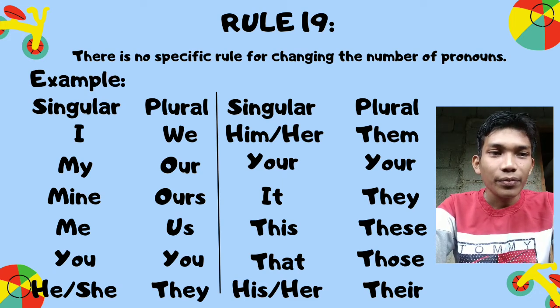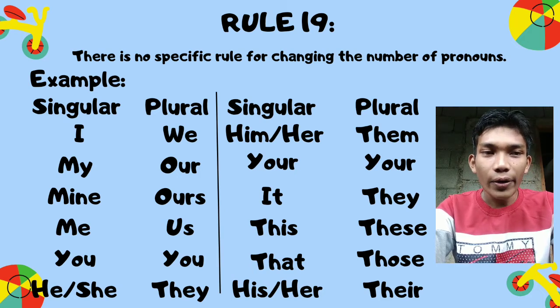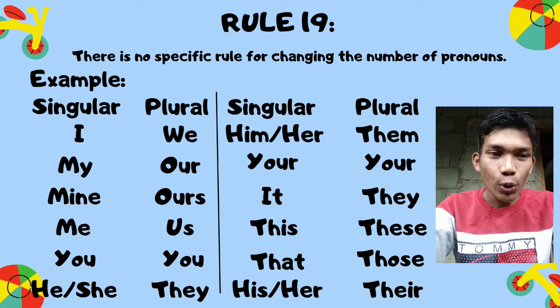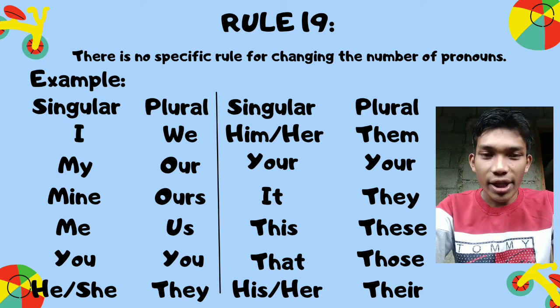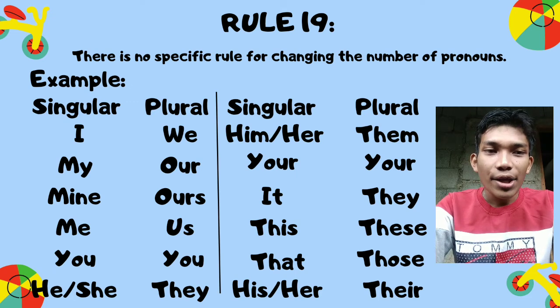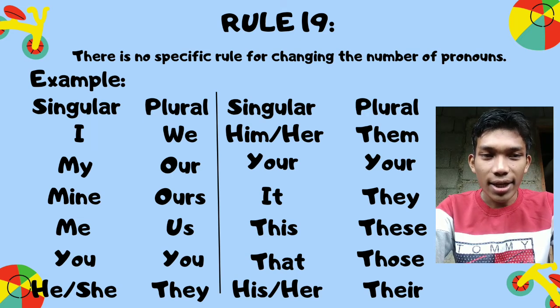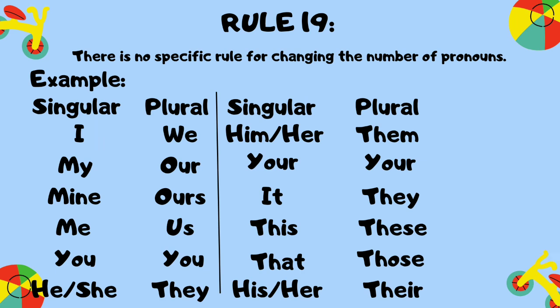For example, singular of I and the plural is we, my to our, mine to ours, me to us, you to you, he or she to they, him or her to them, your to your, it to they, this to these, that to those, and his or her to their.